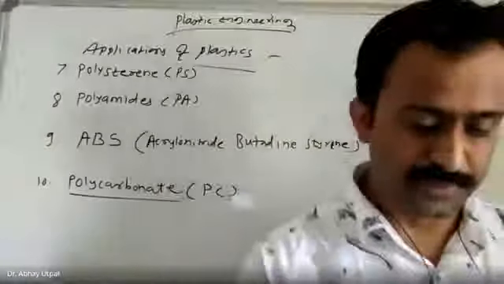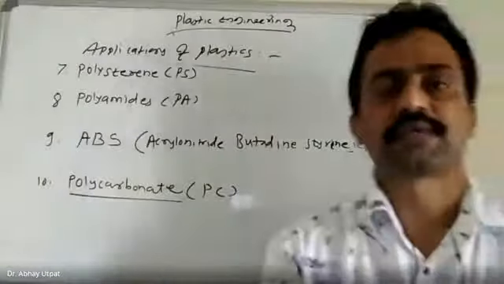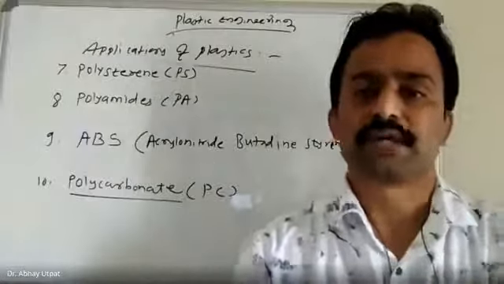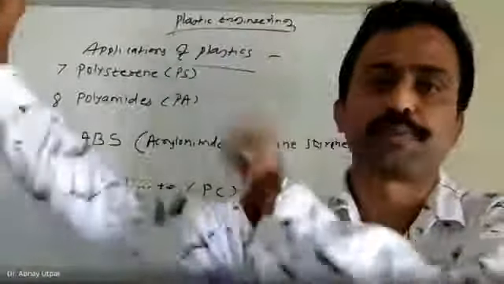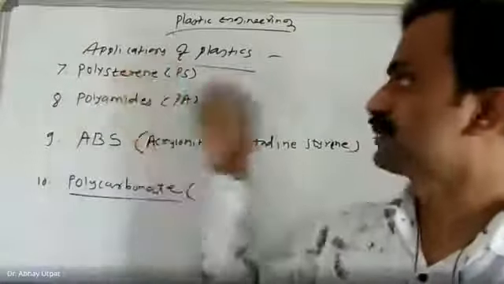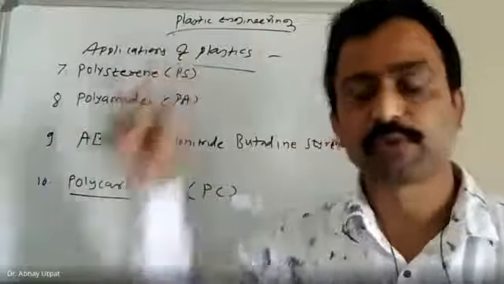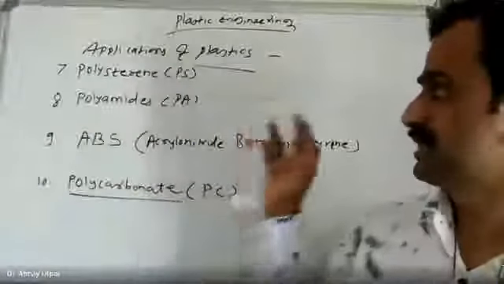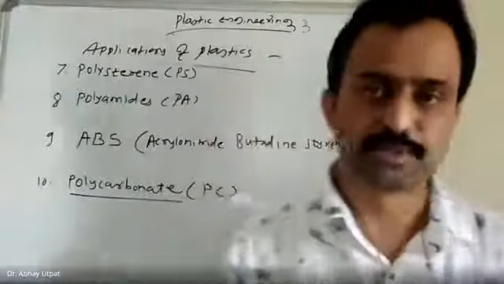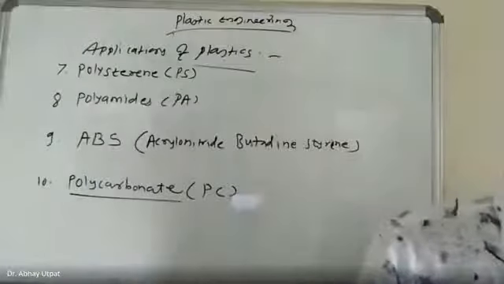This is the part where there are more chances of MCQs being asked: this component is made of such and such plastic. Polystyrene, polyamide, everything looks the same, that's why you have to remember well. You will get most of your MCQs based on this.